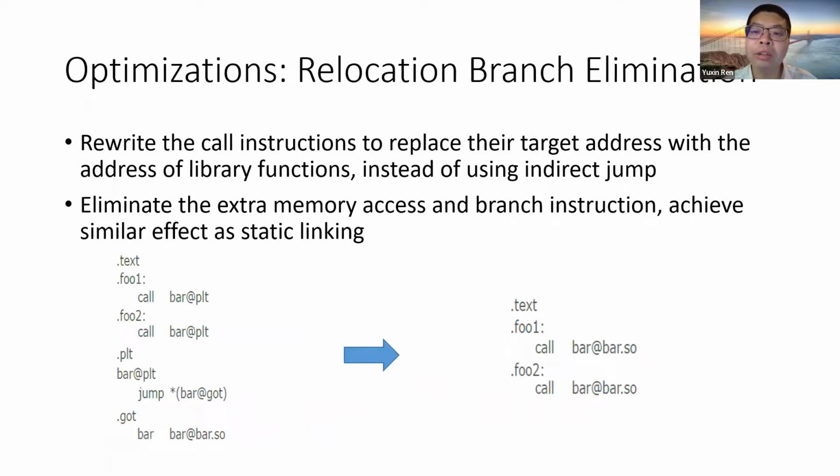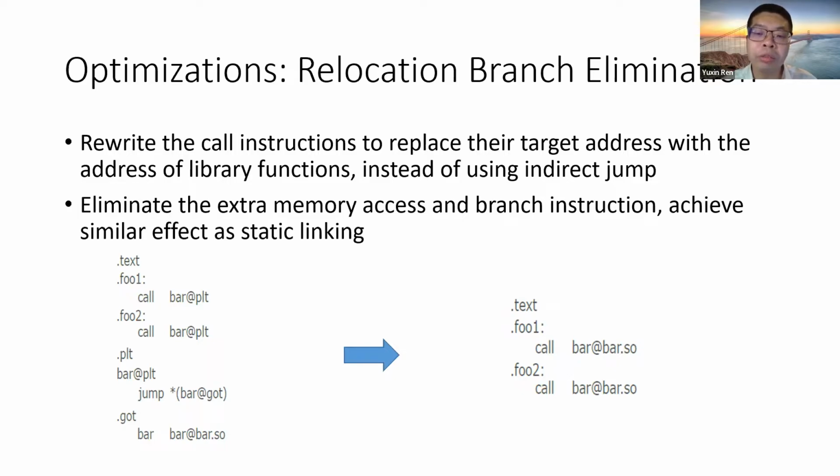Next, I discuss the second optimization technique called relocation branch elimination. This technique is pretty intuitive. When loading the library, the loader rewrites the call instruction to replace their target address with the address of library functions, instead of using indirect jumps.